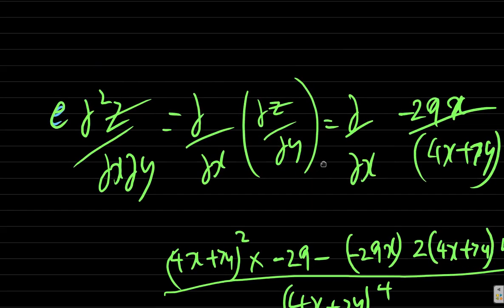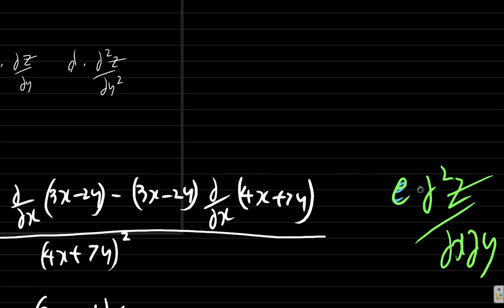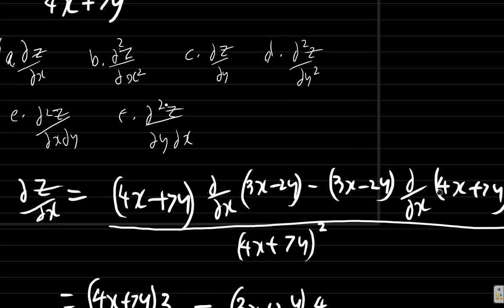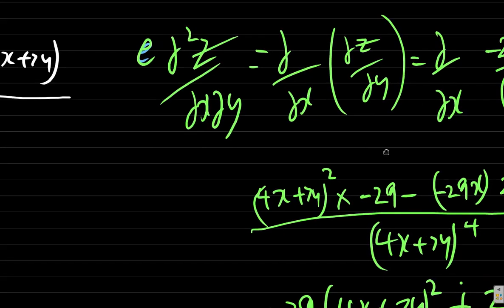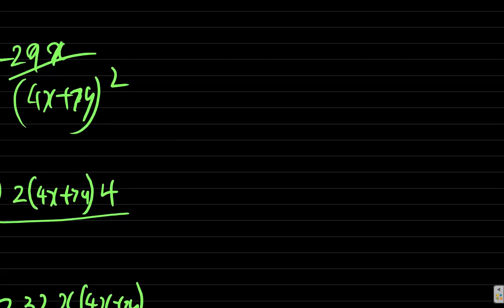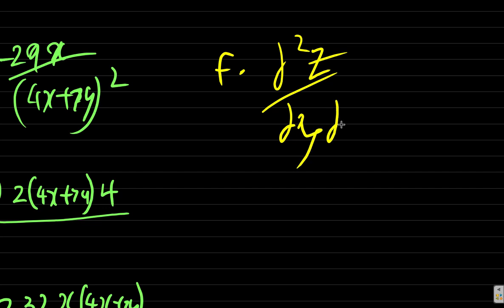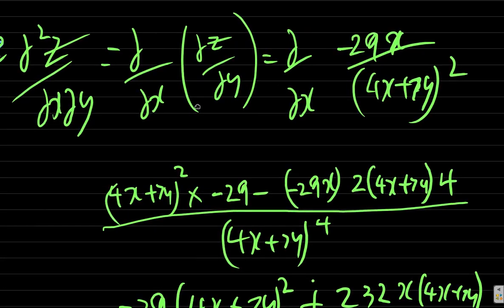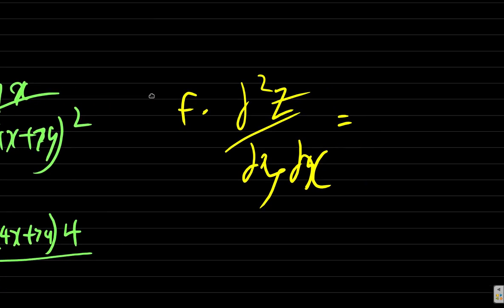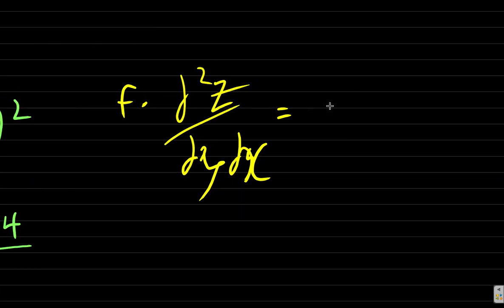Suppose you find F now. F says delta square z by delta y delta x. A while ago we did delta x by delta y. This time we're doing delta y by delta x.